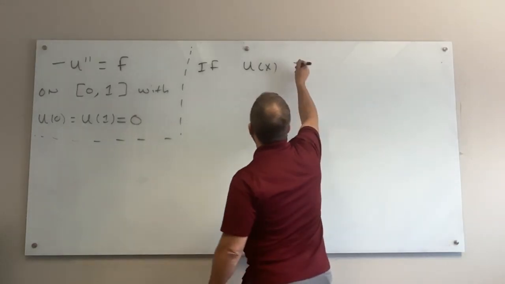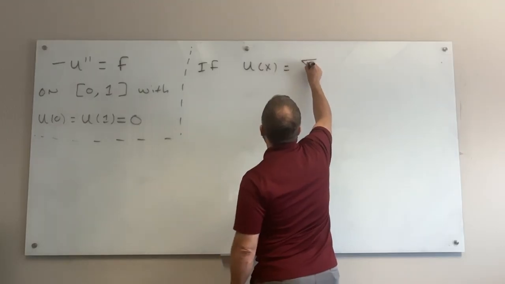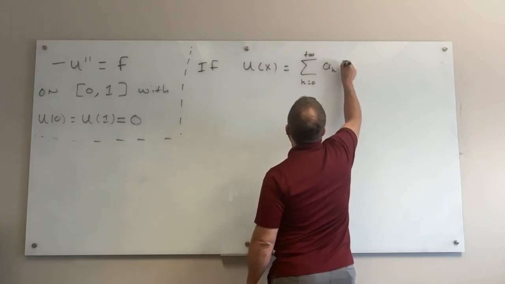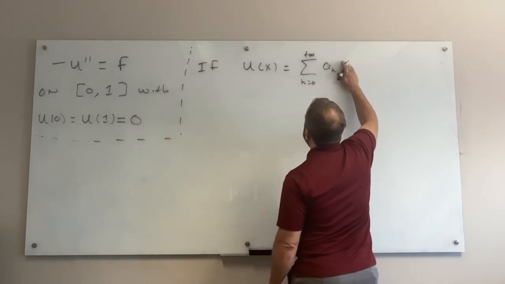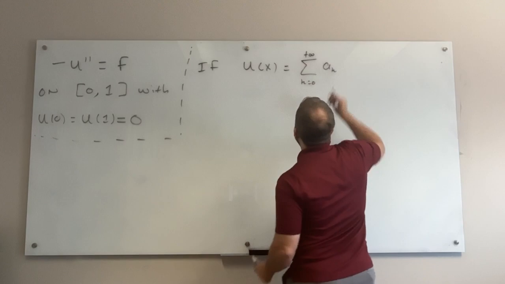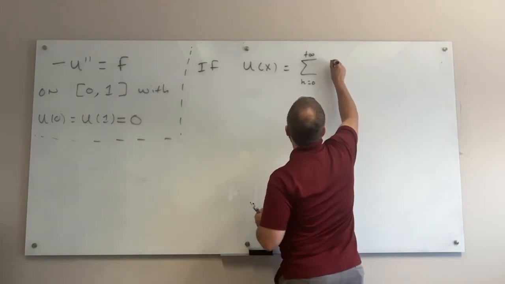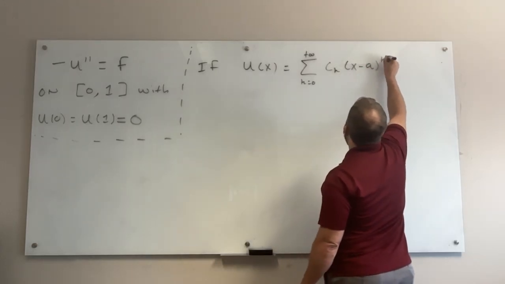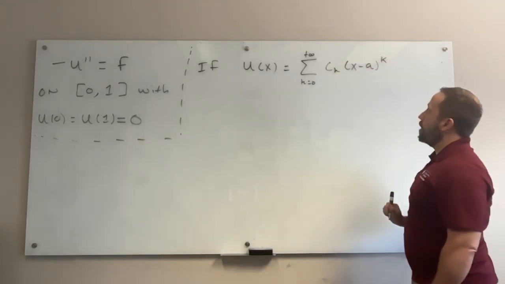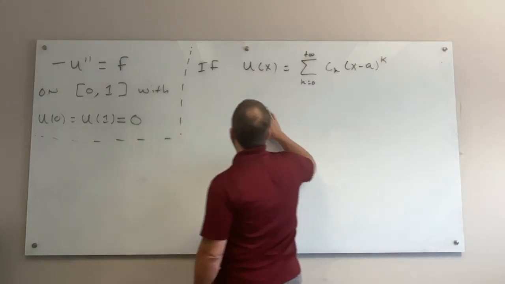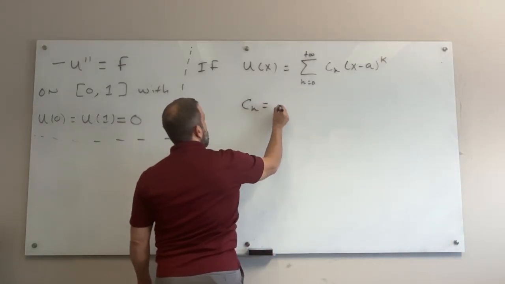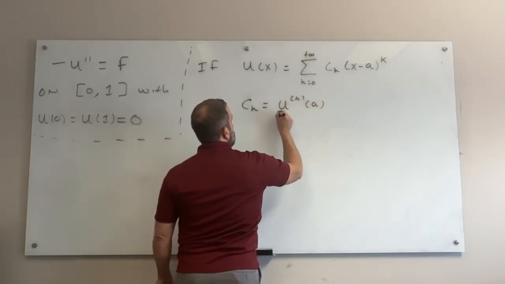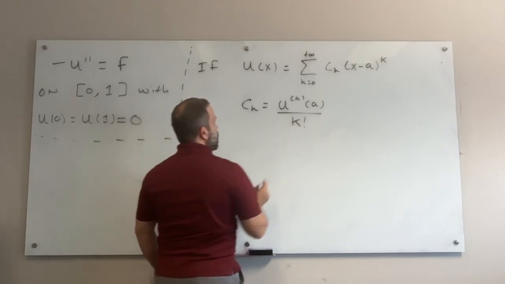If u of x is equal to a power series like this, the sum k equals 0 to infinity of c_k times (x minus a) to the power of k, then Taylor's formula says that c_k is equal to the kth derivative of u evaluated at a divided by k factorial.